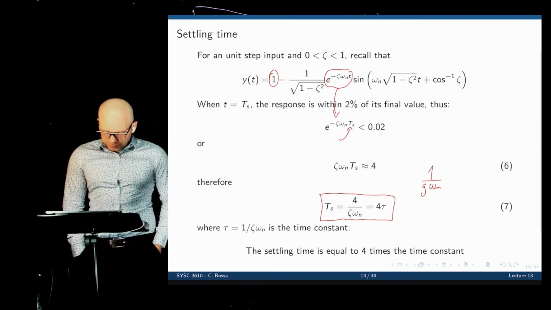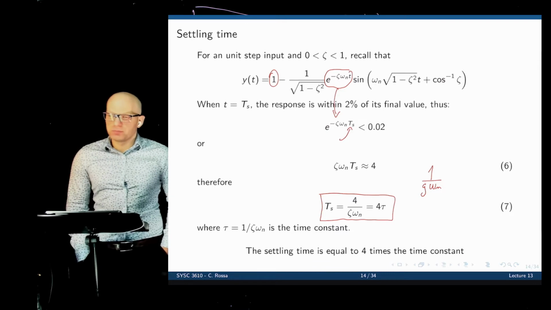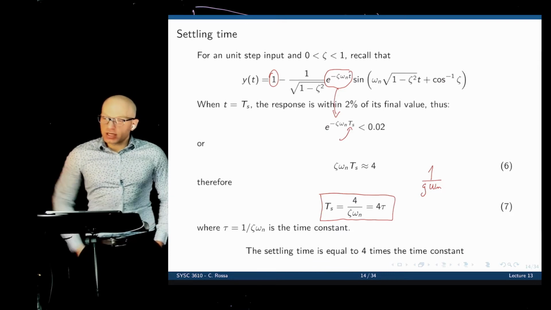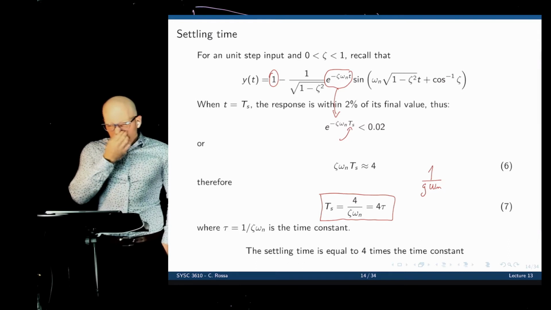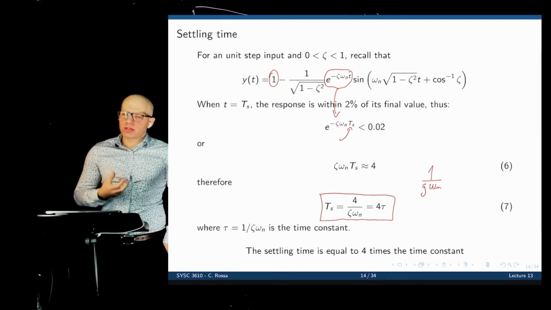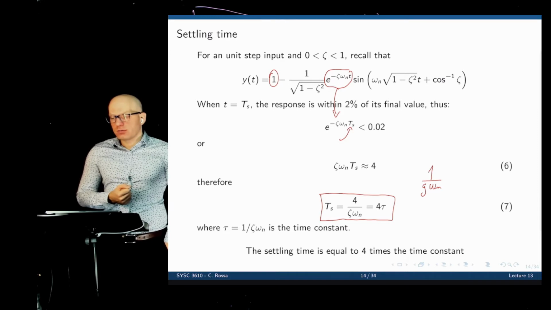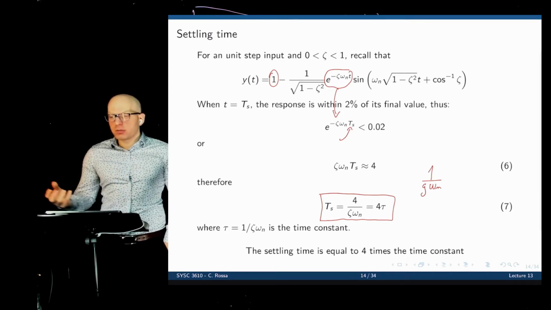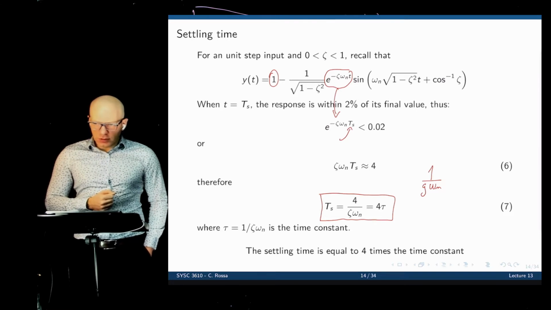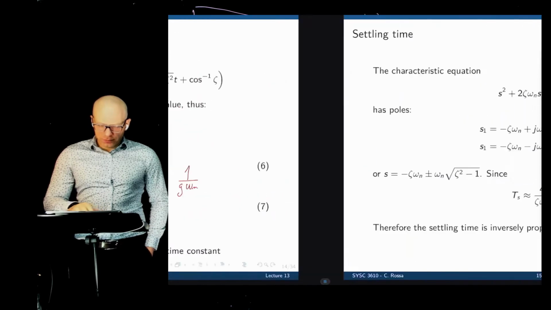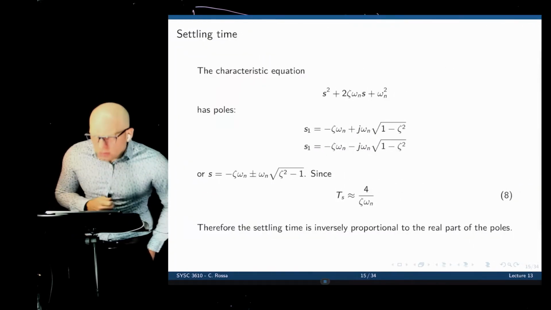Any questions? So this is the second equation to note. To highlight, this is a very important equation that gives us how much time the system takes to reach 2% of its final value, and is only a function of its damping ratio and natural frequency. Any questions? No? Okay.